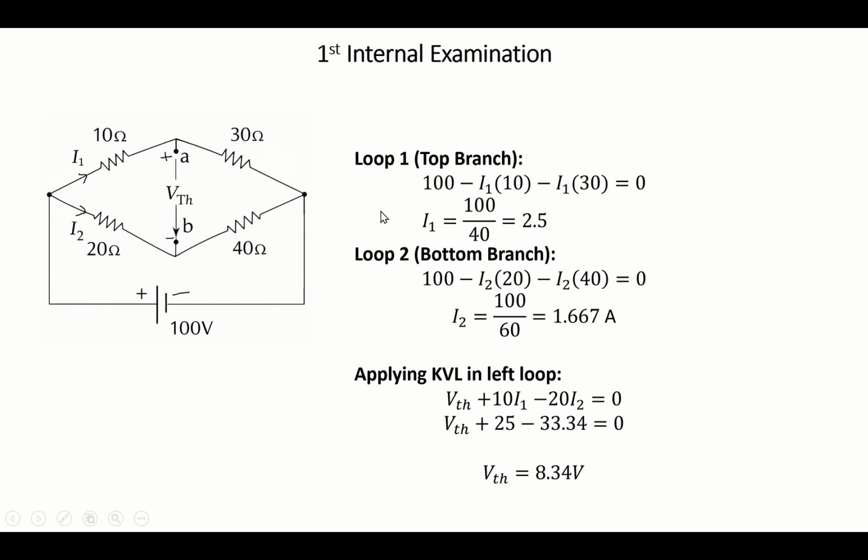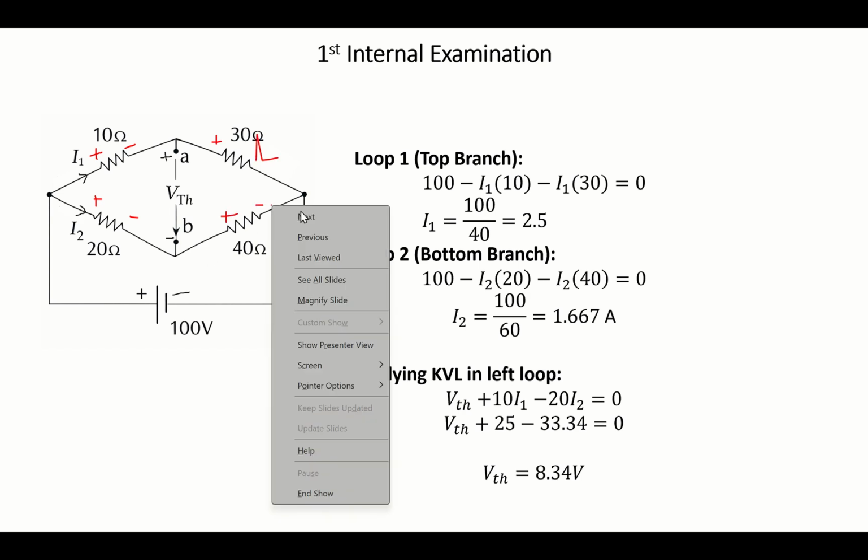So from minus to plus, what we get is 100. Then we have I1 entering this point, so this can be taken as plus, and this as minus. Similarly, we assumed I2 current in the second branch, so this is taken as plus, this is minus, this is plus, this is minus, this is plus, and this is minus.